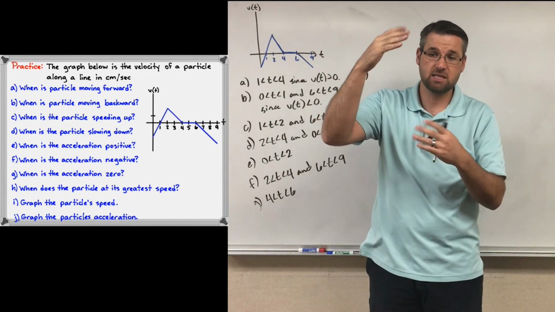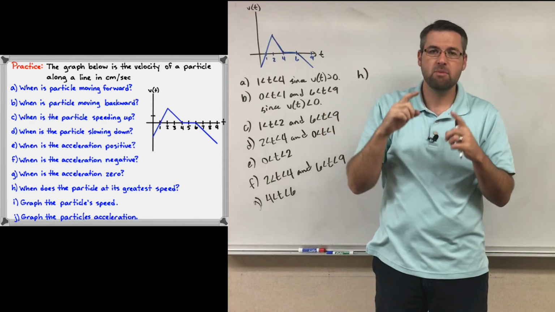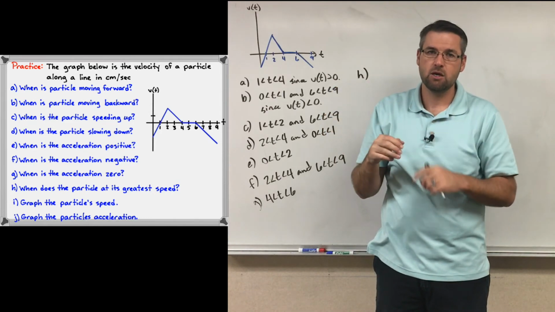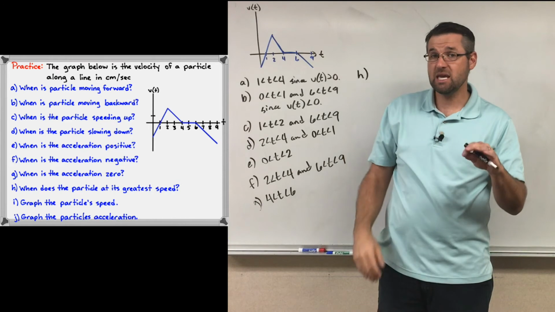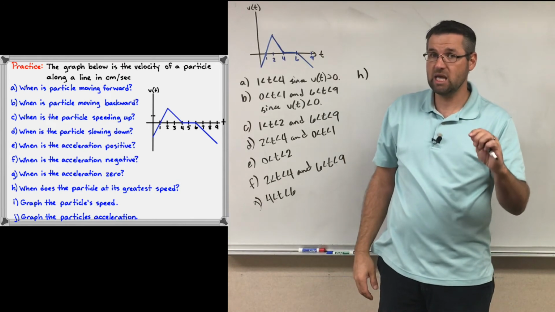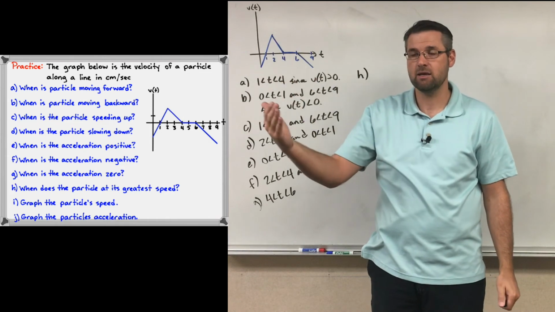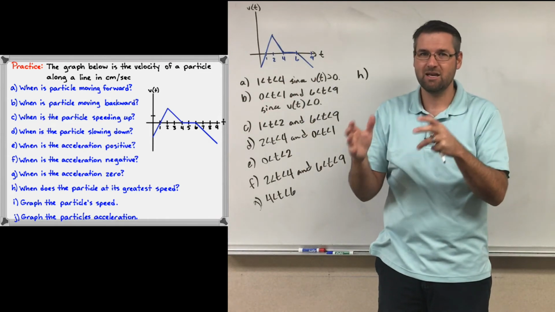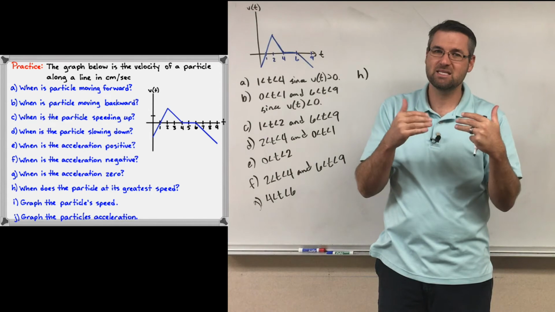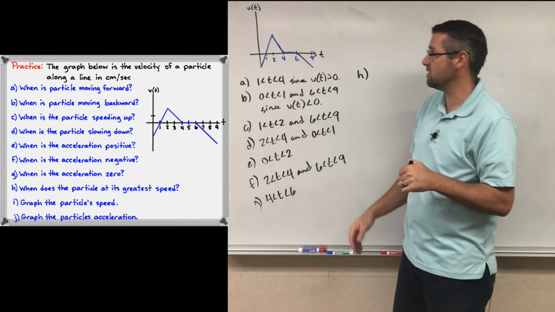So the greatest velocity in that case would be 10. But if I'm asking for greatest speed, the speed when the velocity is negative 20 is 20, and the speed when velocity is 10 is 10. So the greatest speed is 20, because that is further away from 0, essentially.